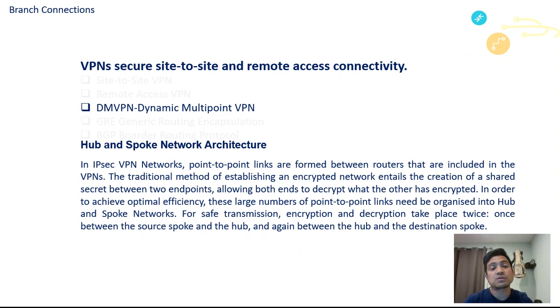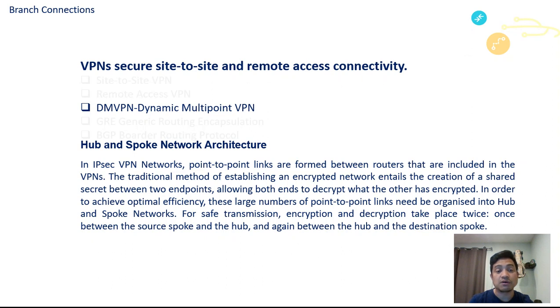So in hub and spoke network architecture, IPsec VPN networks, point-to-point links are formed between routers that are included in the VPNs. The traditional method of establishing an encrypted network entails the creation of a shared secret between two endpoints, allowing both ends to decrypt what the other has encrypted.